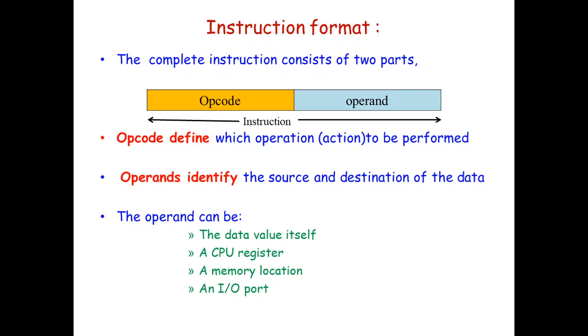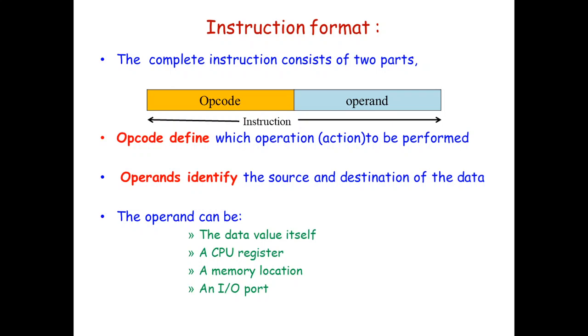For example, suppose we want to perform addition of two numbers. At that time we give the opcode ADD, that is add. Suppose we want to subtract two numbers, at that time we use the opcode SUB, like that.